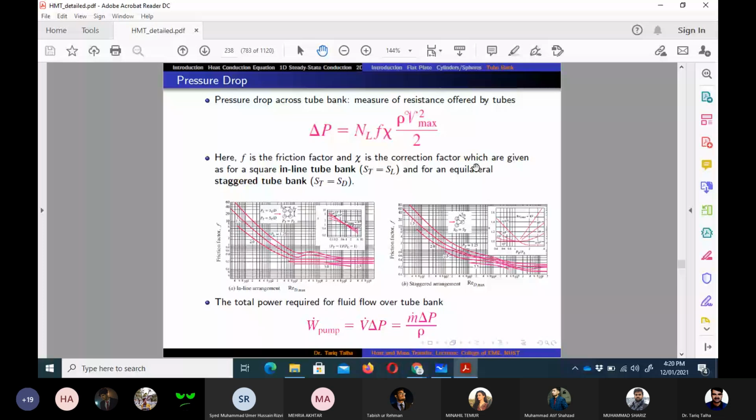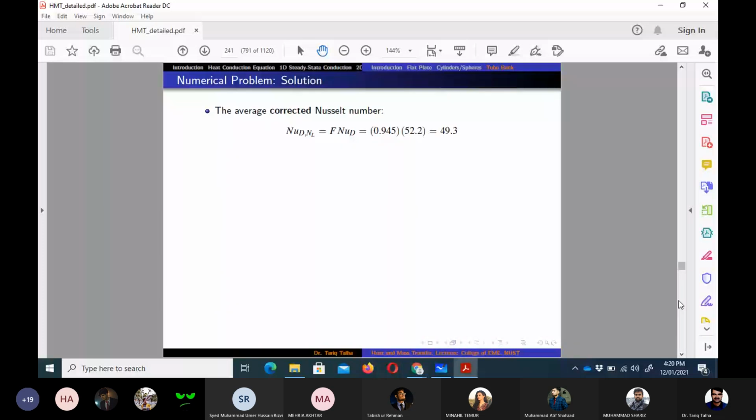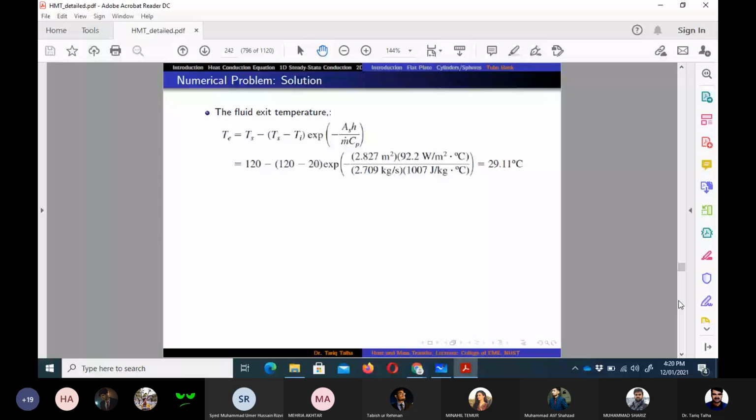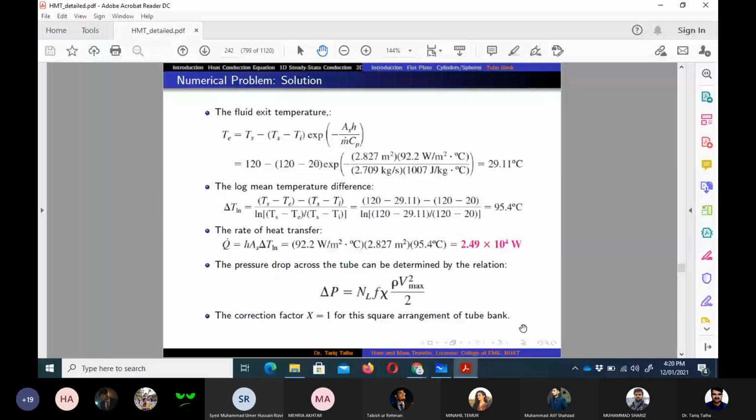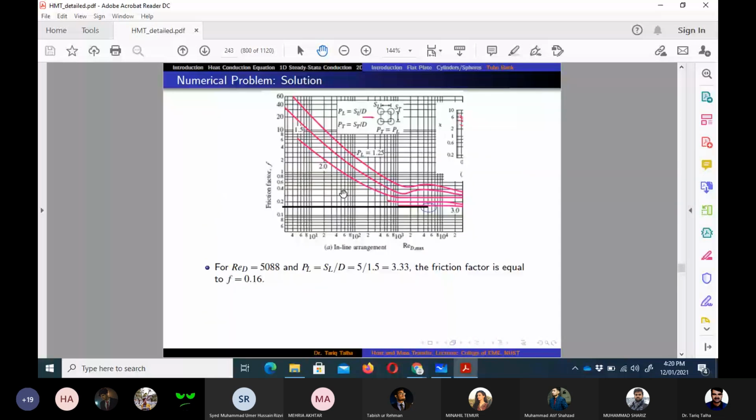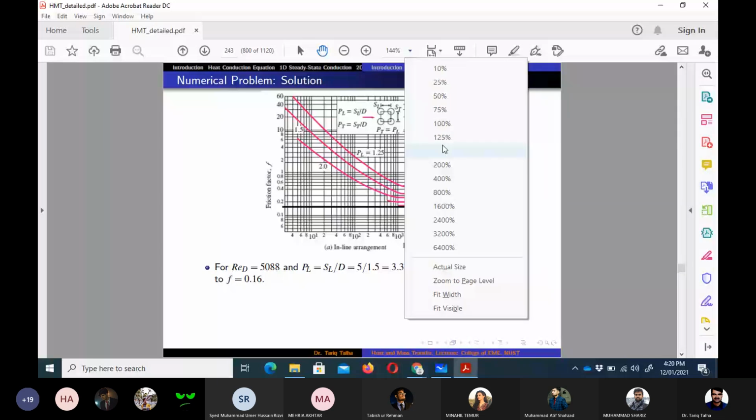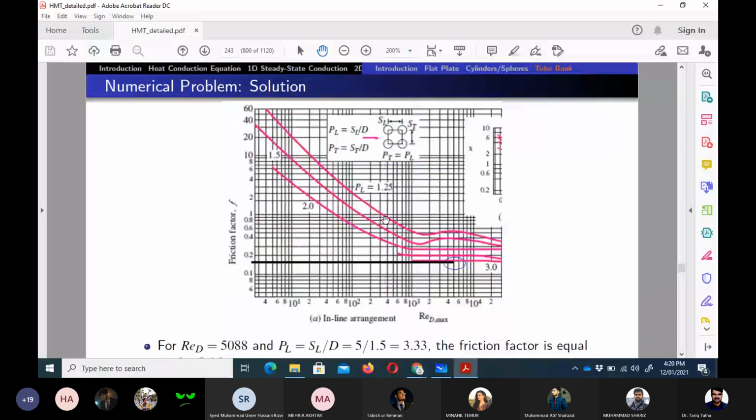For the friction factor, we need to use that graph. I have written here that the x value is equal to 1 for the square arrangement of the tube bank. For the F calculation, I will zoom in a little bit more. First of all, we need to know the Reynolds number.